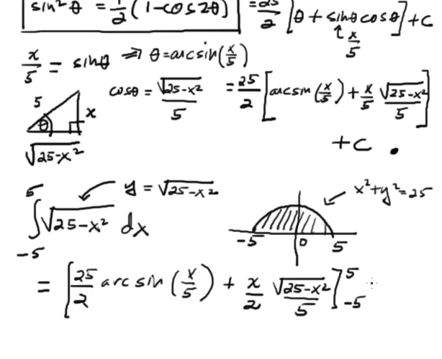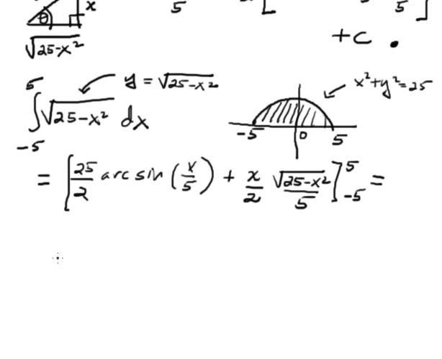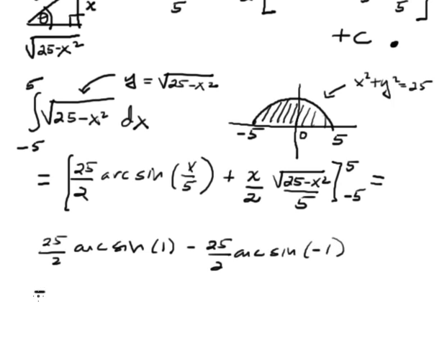Okay, so let's do that. First 5, then minus 5, and we end up with 25 over 2 arc sine 1 minus 25 over 2 arc sine minus 1. The angle whose sine is 1 is pi over 2, and the angle whose sine is minus 1 is minus pi over 2.